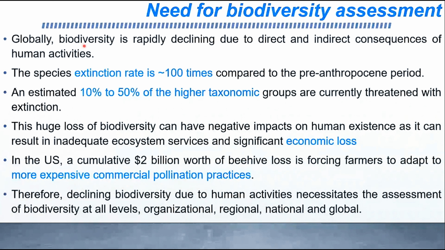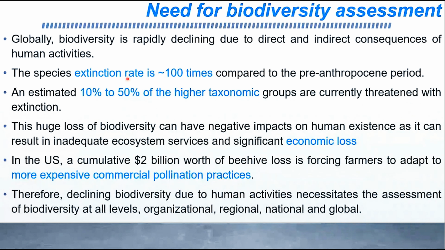And this is happening because of our direct influence on the biodiversity or the ecosystem, or it is happening indirectly because of our activities. Now if you look at the Anthropocene period, where we took over the earth, the extinction rate of higher taxonomic groups and other organisms, including plants and animals, has increased about 100 times.